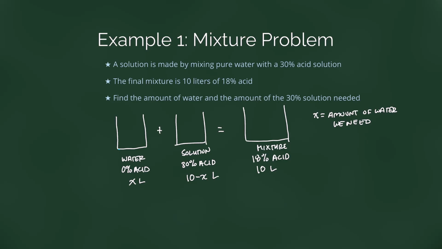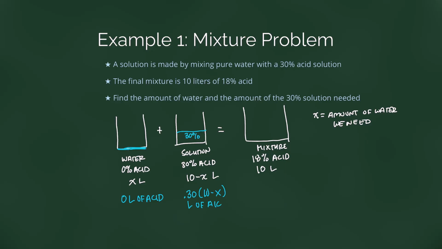Well, since the water is 0% acid, this contains 0 liters of acid. This one's 30% acid, so we could imagine filling this up to about 30%. That's the acid that we have in that container. Since it's 30%, we write it as a decimal, and we know there's 10 minus X liters of liquid in there, so that means we have 0.3 times 10 minus X liters of acid in this container.